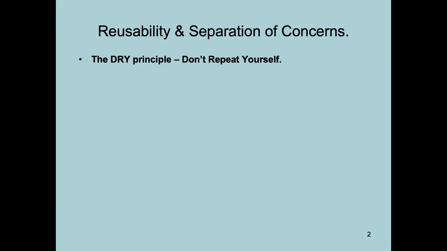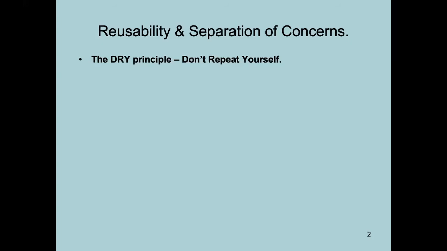Now, linked to reusability and separation of concerns is this DRY principle, don't repeat yourself. Obviously, when you look at all of the code within an application, there shouldn't be repeating code occurring in different parts of your application. If it does, then you need to refactor that code and put that repeating code into a single unit or component or module, therefore making it reusable.